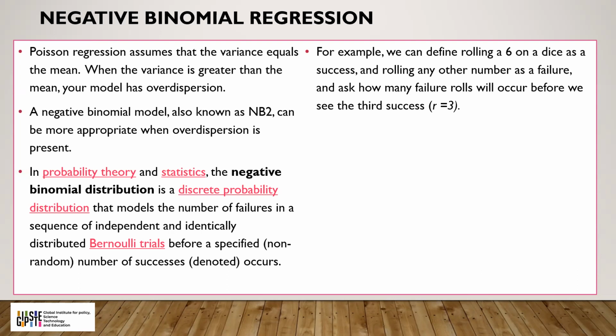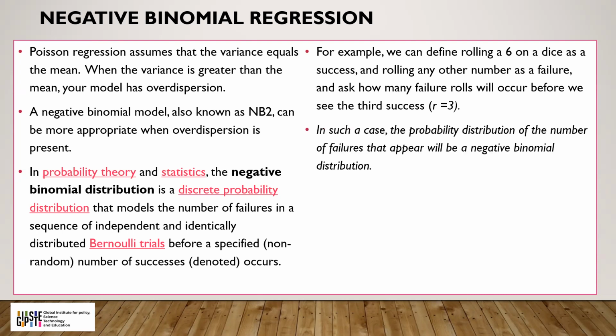So it's either success or failure, two possible outcomes, which is tied to probability. If you don't get a 6, then any other outcome is a failure. And that's how many failures will occur before we see the third success. In such a case, the probability distribution of the number of failures will be a negative binomial distribution.